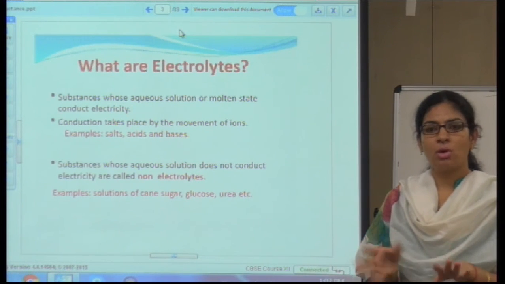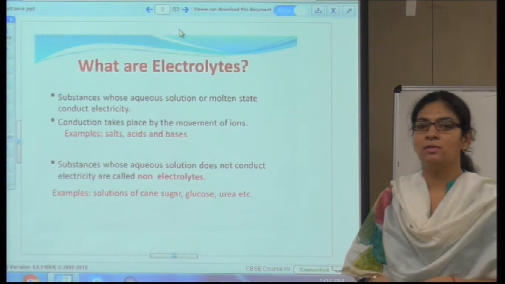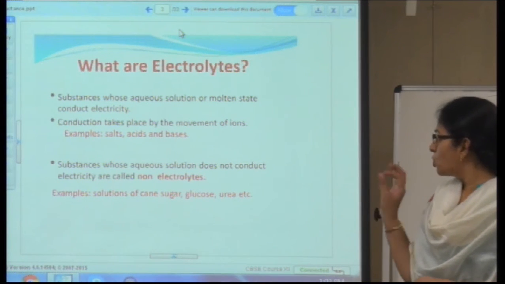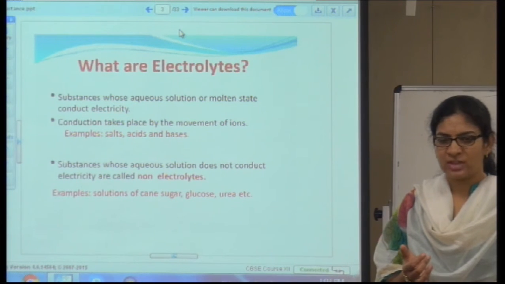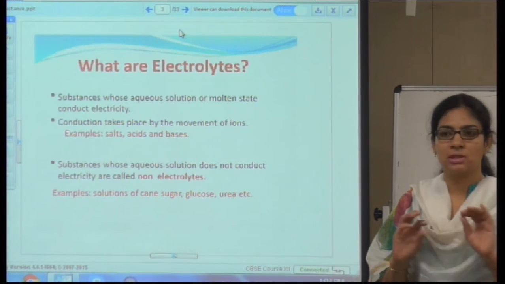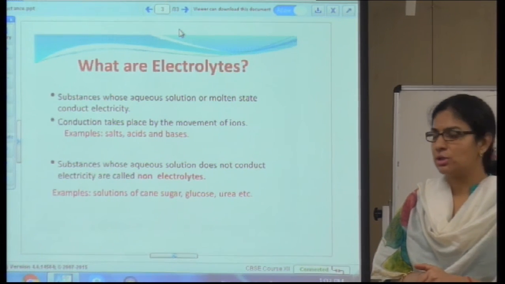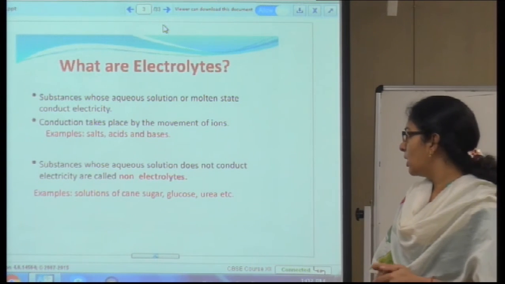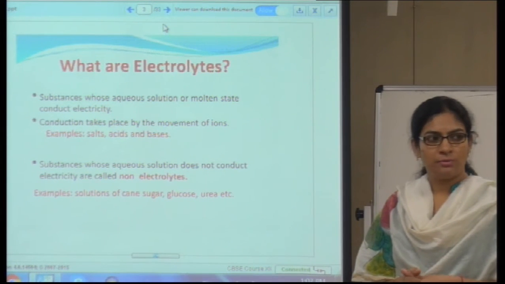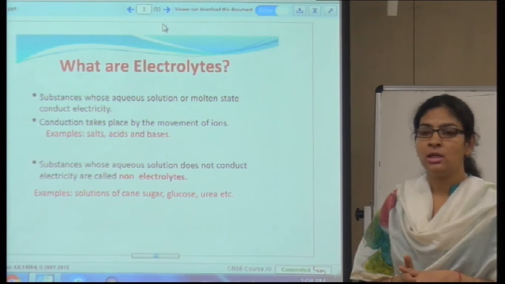Examples we have: typically salts. All salts are in fact strong electrolytes. Later on we will discuss what strong and weak electrolytes are, but salts, acids, and bases will obviously split into different ions, cation and anion, when you pass electricity through them. If we define electrolytes, we have to define non-electrolytes as well.